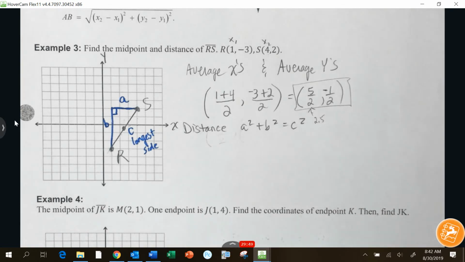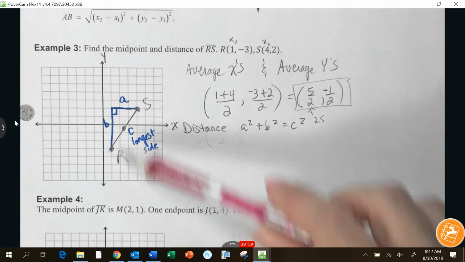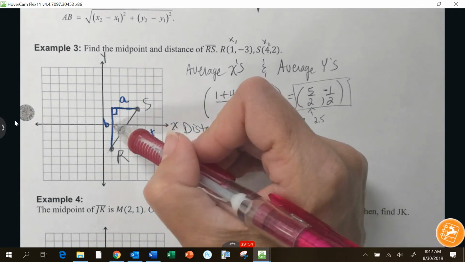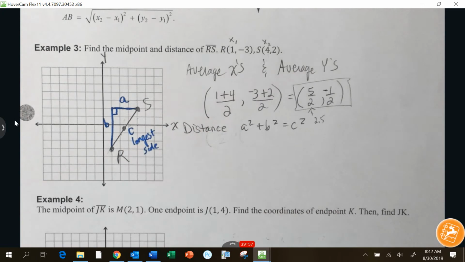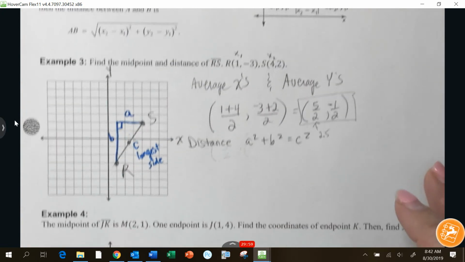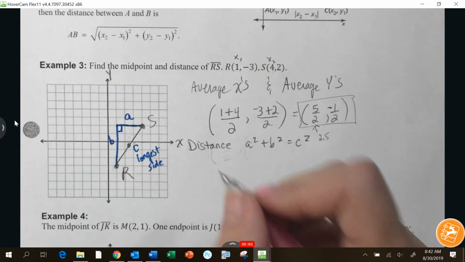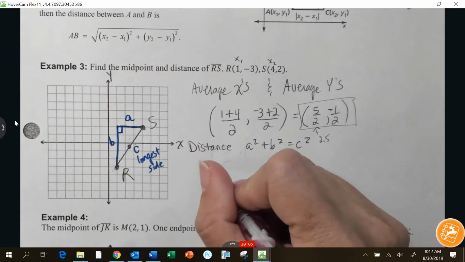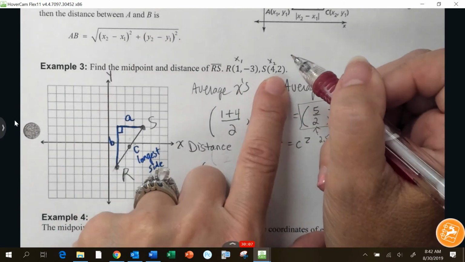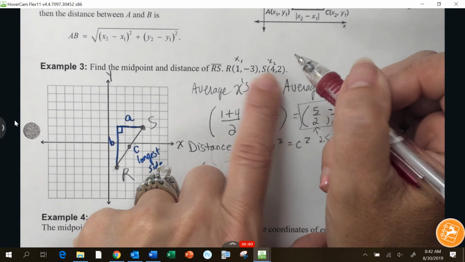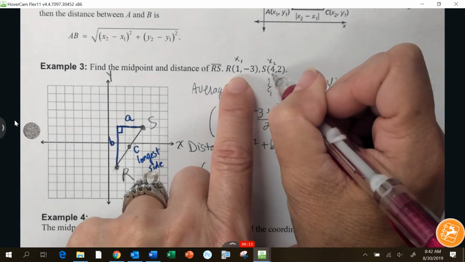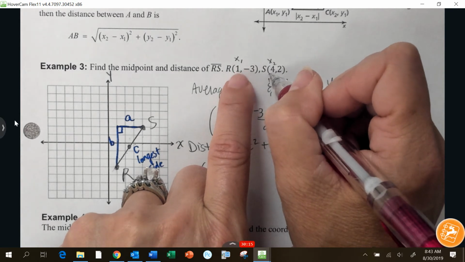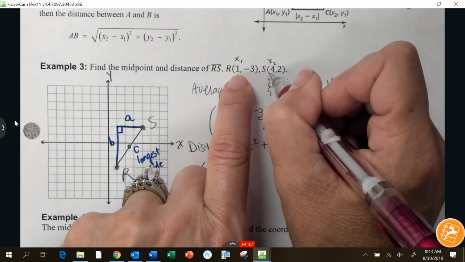Now let's say we don't have a picture to look at and draw this, or you don't want to count how many blocks B is. Then we can use this formula. This formula says to subtract the x's. So I'm using these points right here, and I'm going to subtract the x's. What's the difference between the x's? From 1 to 4, from 4 to 1, what's the difference? 3.